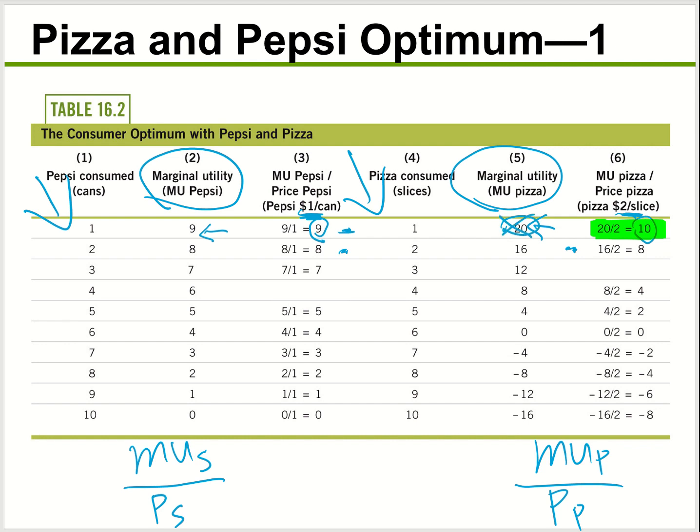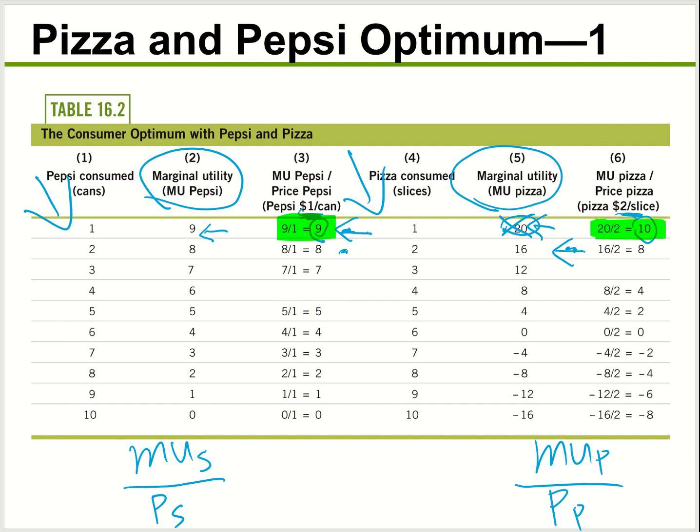So the first pizza is gone, and next we compare our first soda against the second pizza. If you buy your second pizza, you get a certain utility for every $1 spent. But if you spend your money on the first soda, you get 9 utility for every $1 spent. So this one is more, and for our second consumption, we buy our first soda.